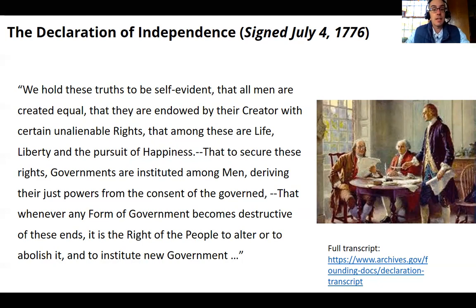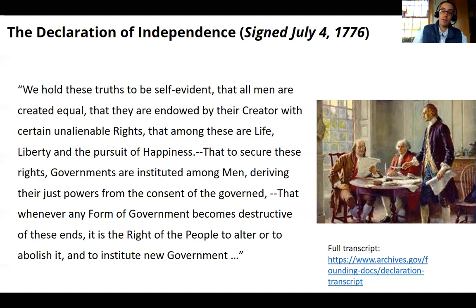And then at the end, they make the argument that because the King of England is doing such a bad job and is not protecting our life, liberty, and the pursuit of happiness, we are going to break away and we are declaring independence and are our own nation. That's what this document is doing.